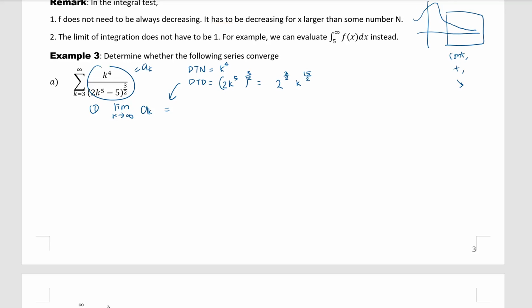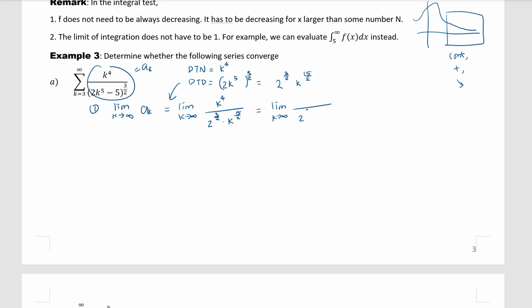So the limit as k goes to infinity is k to the 4 over 2 to the 3/2 times k to the 15 over 2. Let's simplify.